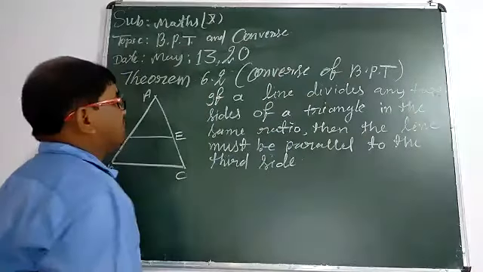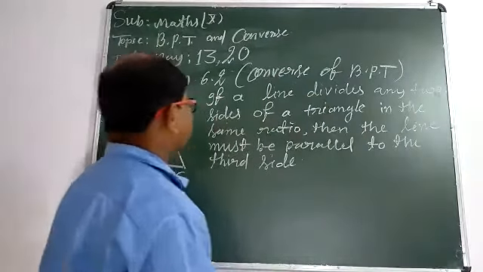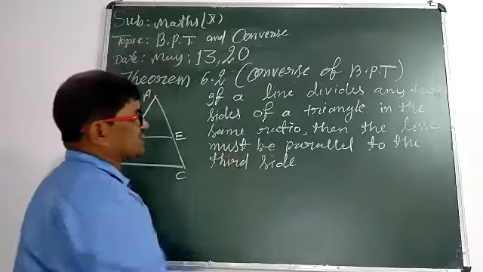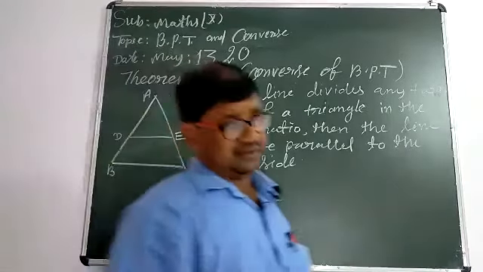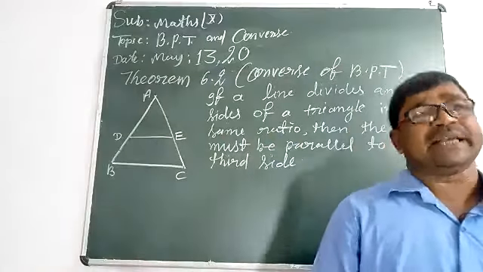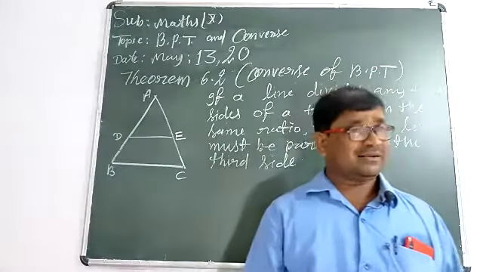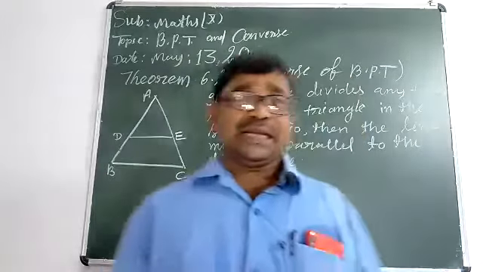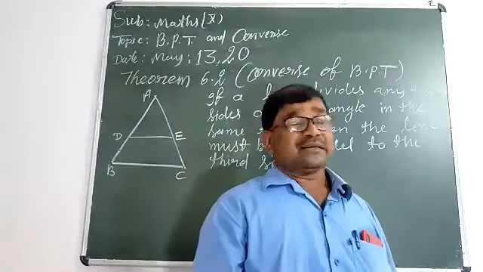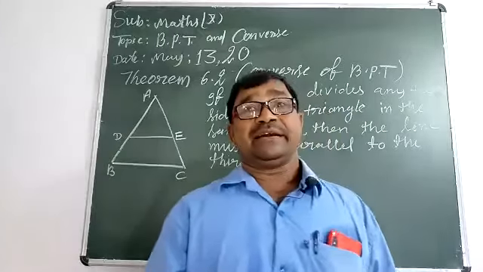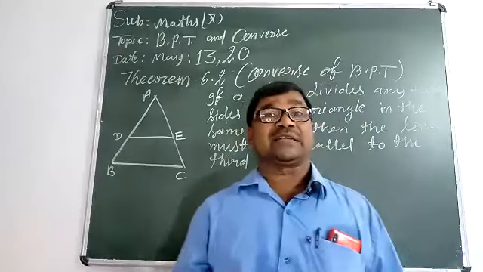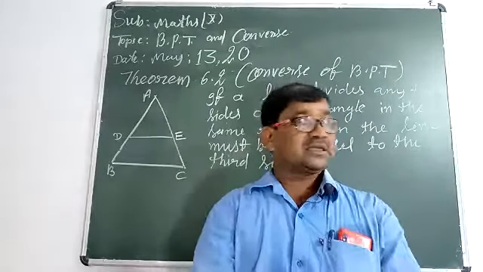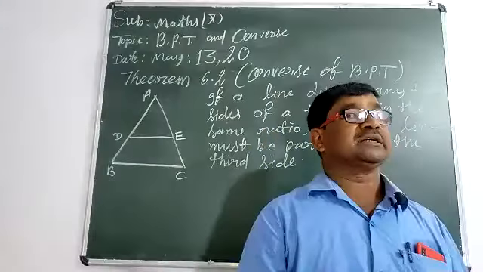If a line divides any two sides of a triangle in the same ratio, then the line must be parallel to the third side. It means this is the division of two sides directly in the same ratio. The converse is this line dividing the two sides of the triangle in the same ratio accurately, then this line will be parallel to the third side.